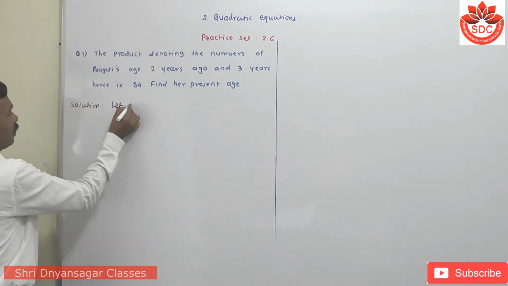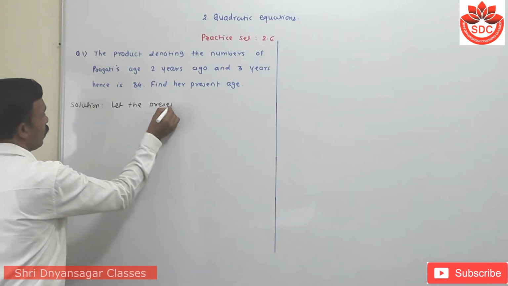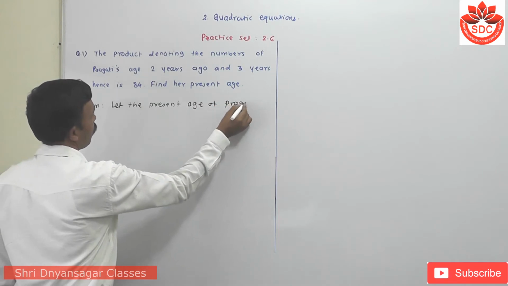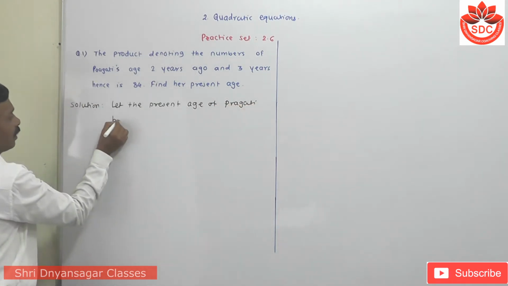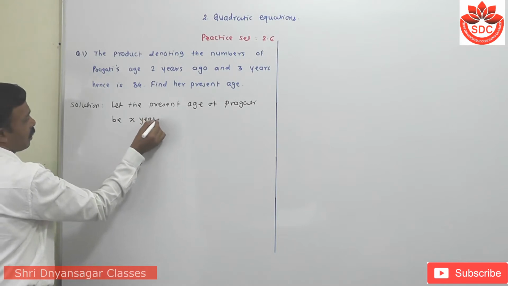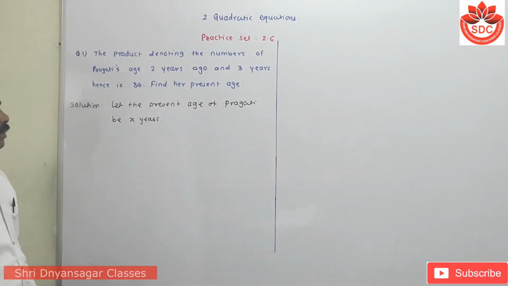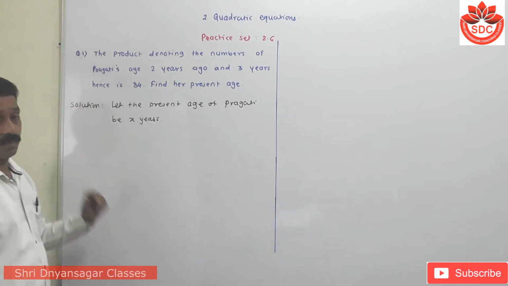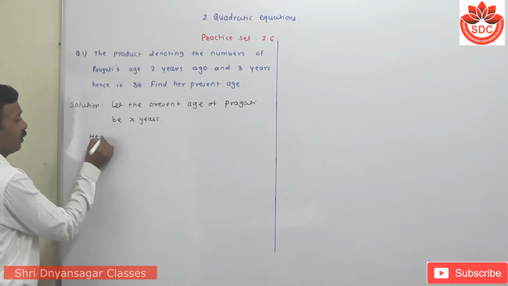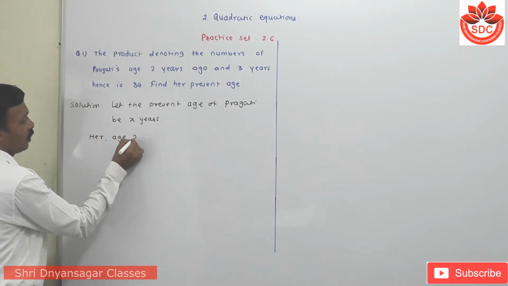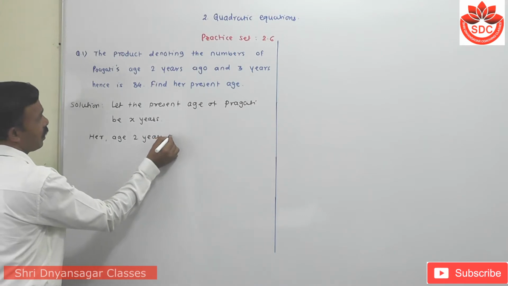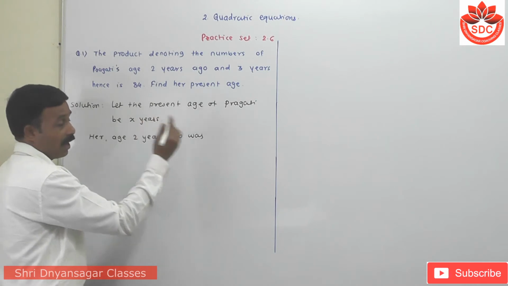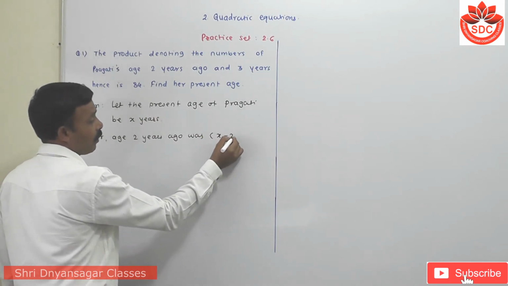Let the present age of Pragati be x years. Her age 2 years ago means we have to subtract, that is, x minus 2 years.